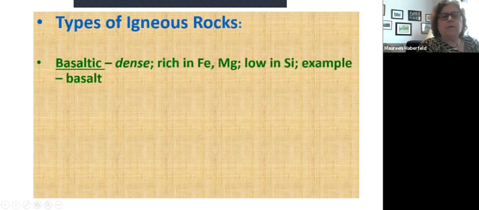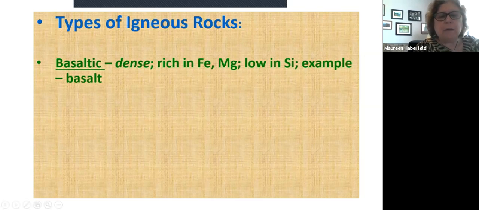Okay, so we divide up the types of igneous rocks into groups, the basaltic group. That's named after the most common rock in that group, which is basalt. And they all have a certain composition. The basaltic rocks tend to be dense, and they tend to be rich in iron and magnesium and lower in silica. These are all elements.